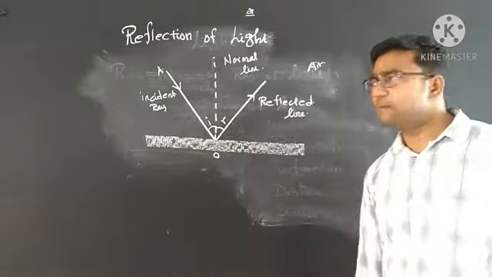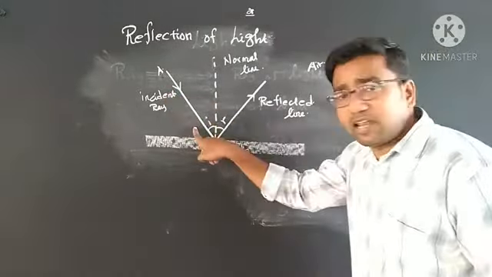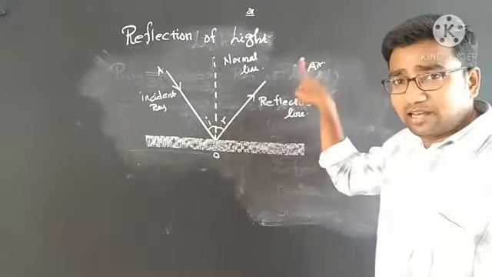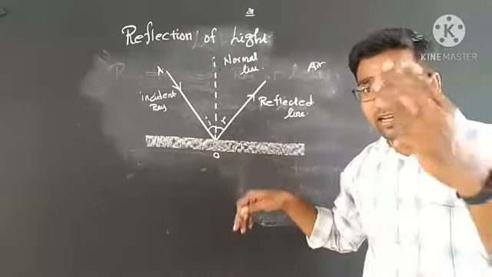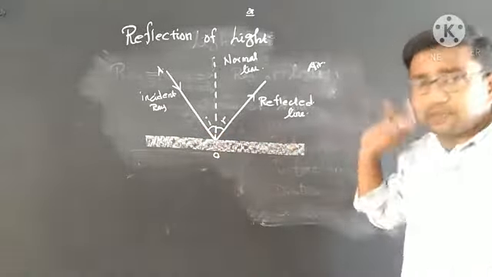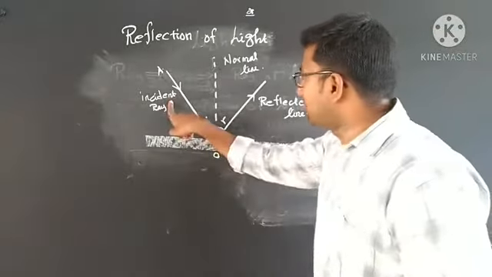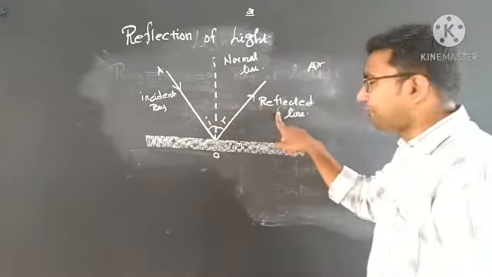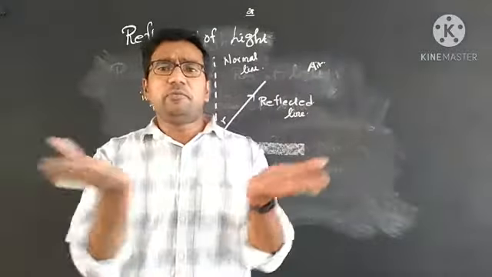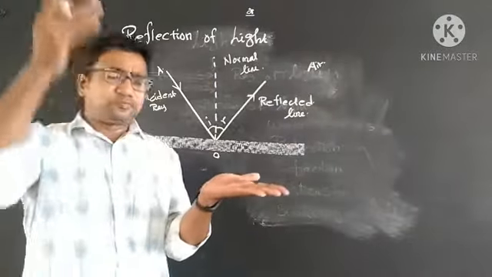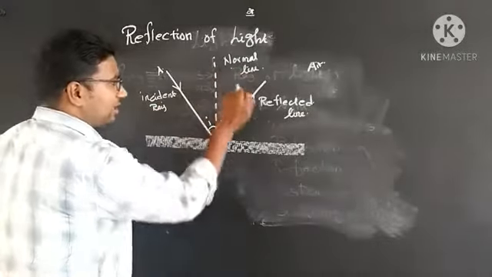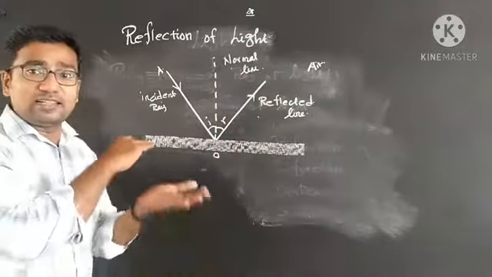And besides that, the incident ray, the normal line and the reflected line, all three lines lie in the same plane. So the incident ray, normal line and reflected line are coplanar. Coplanar means a number of lines lie on the same plane. So the incident ray, normal line and reflected line lie in the same plane.